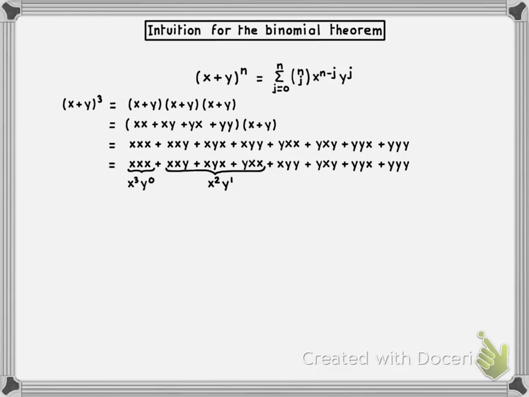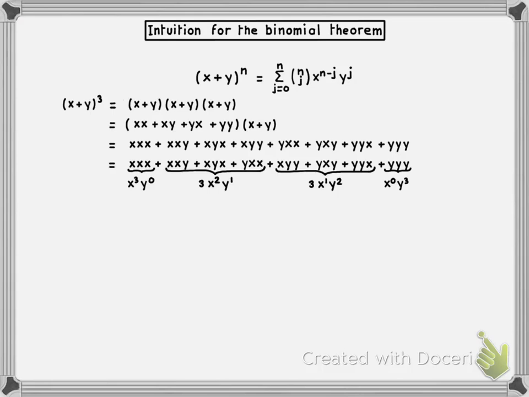Of course, the order doesn't matter in the multiplication, so we can order them this way. These terms are identical. We have 3 copies of them, and here is the next term in the sum. Similarly, for the next 3 terms, these have 2 occurrences of y and 1 occurrence of x. So there are 3 copies of these identical products. Let's record that. And finally, the last term by itself is y cubed multiplied by 1.